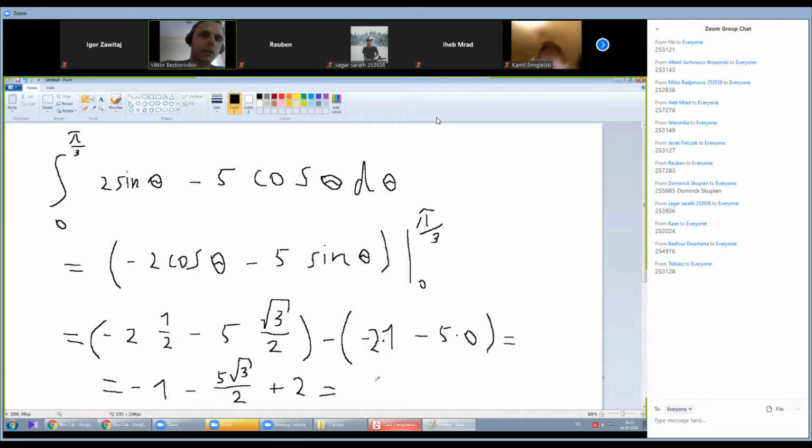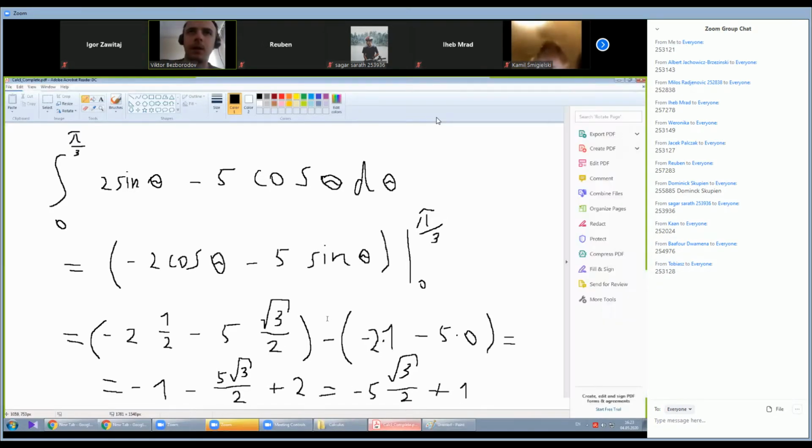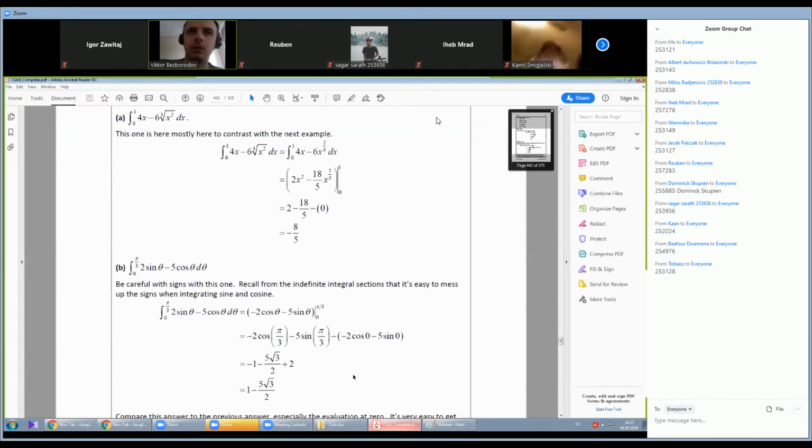And so in the end we have minus 5 square root of 3 over 2 plus 1, right? So just find the antiderivative and compute the integral. I think it's pretty straightforward, and that's fine. So hope it was correct.